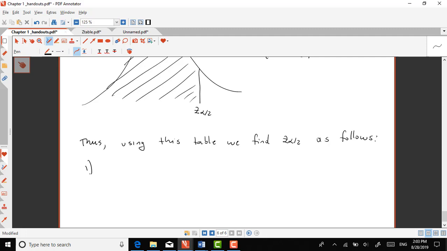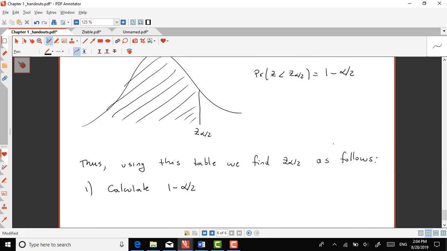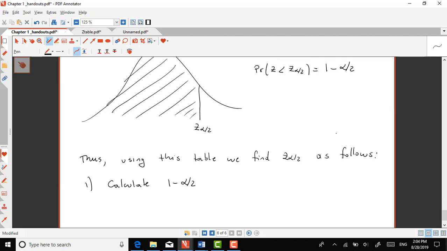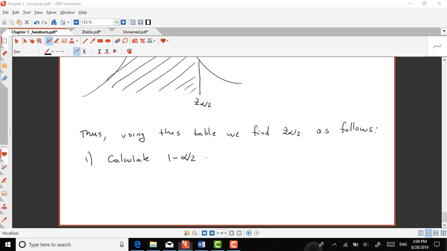First we need to calculate 1 minus alpha over 2. Usually, remember, we're given the alpha, and then what we have to calculate is 1 minus alpha over 2. So that's the value of the probability.